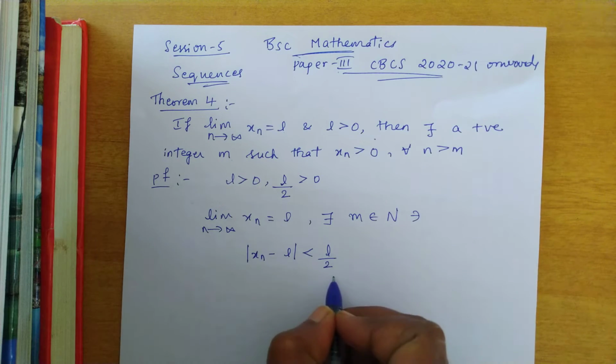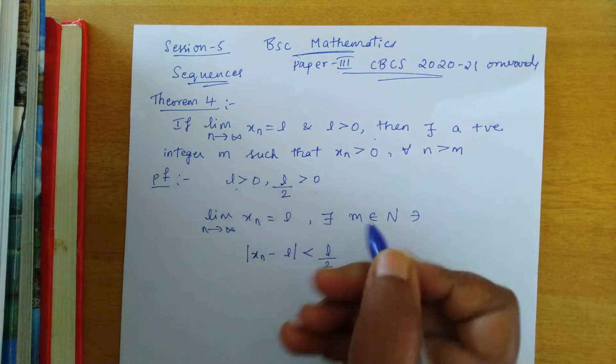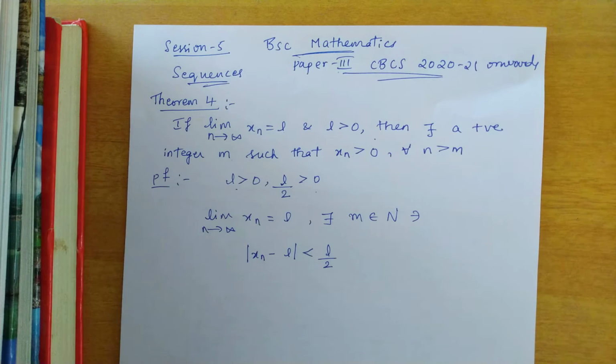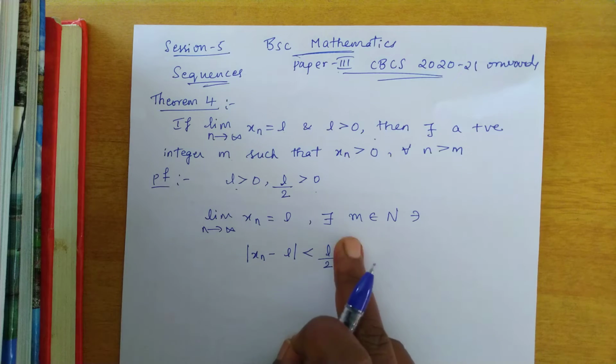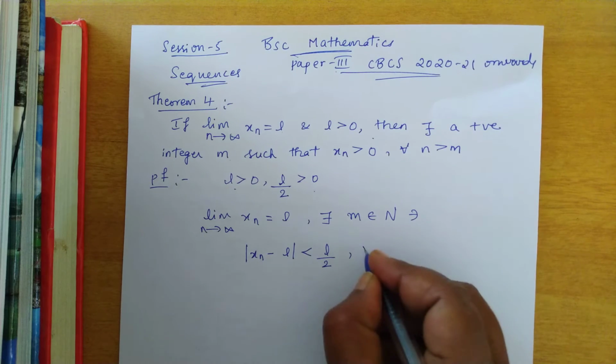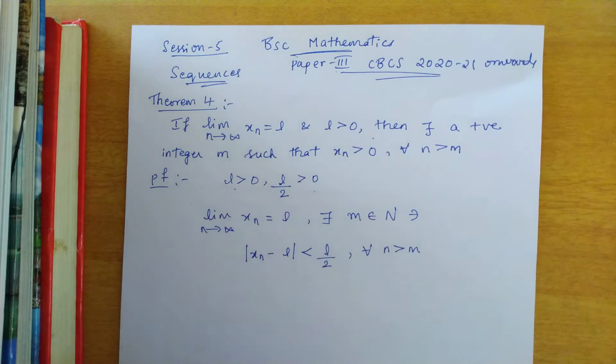Of course, L by 2 is within L, so the modulus should be less than L by 2, for all n greater than m.